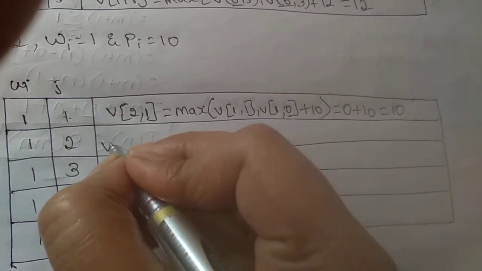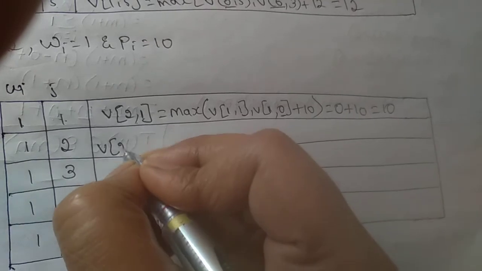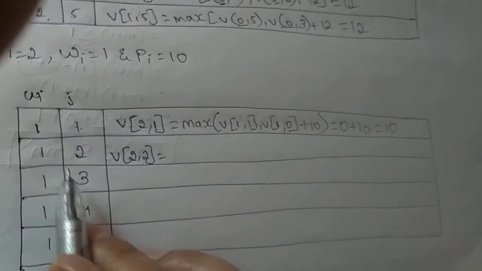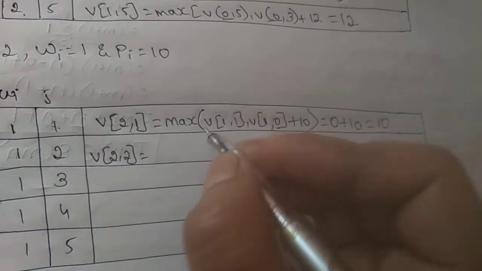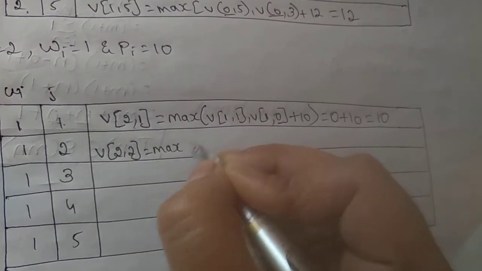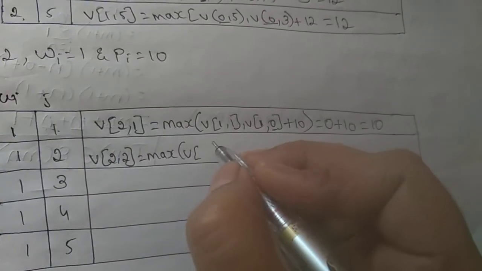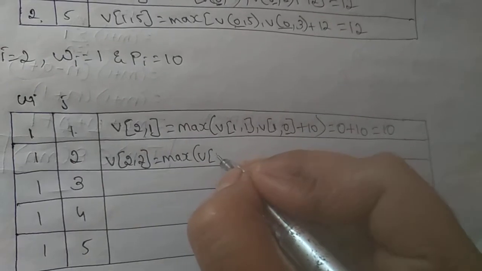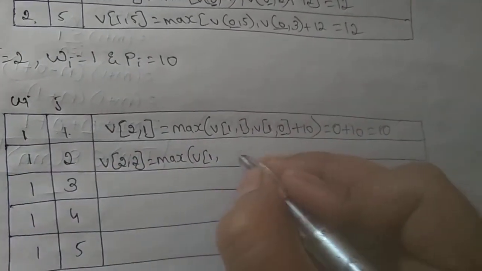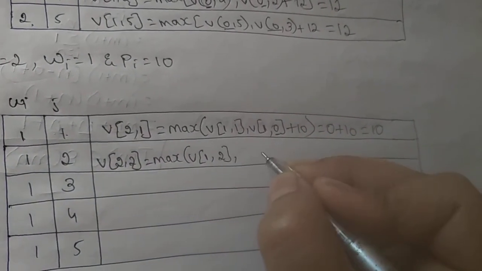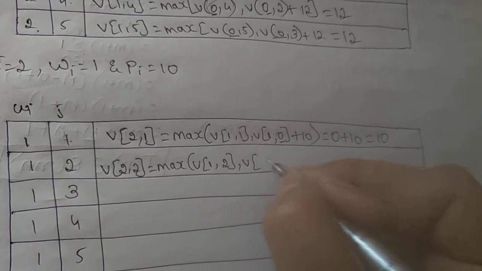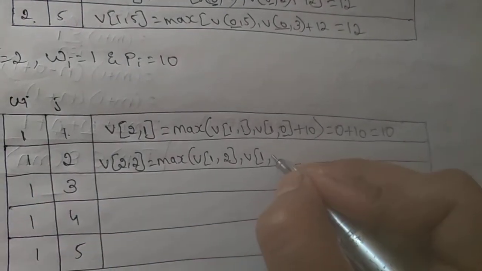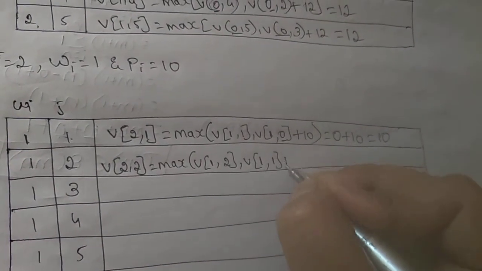Next, v of 2 comma 2. So here wi is less than j. Again the max value you have to take. Max of v of i minus 1, which is 1, j value is 2, v of 1 comma 2, then v of i minus 1, that is 1, then j minus wi, 2 minus 1 is 1, plus 10.